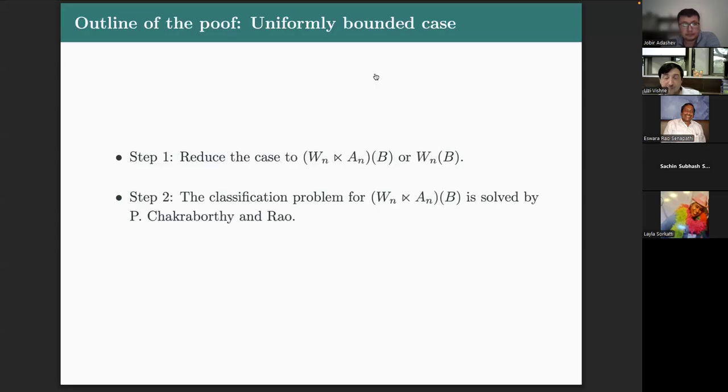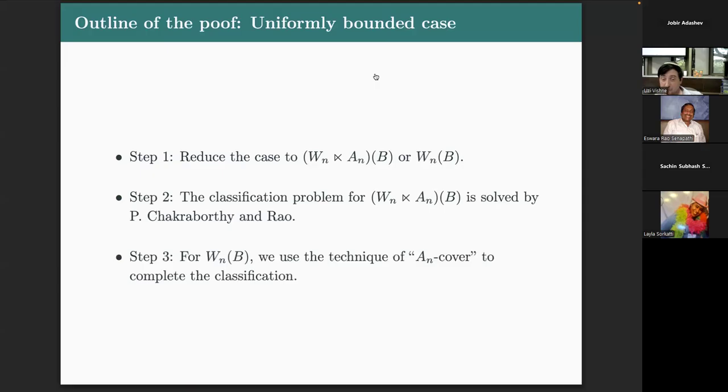Then the classification for W_n tensor B is solved by Chakraborty and Rao in their paper, not a very recent one, which helps us. And for the remaining case, the technique of the AN cover by Futorny and Billig helps us to complete the classification. These three steps are very important.